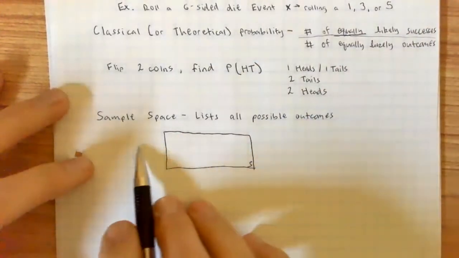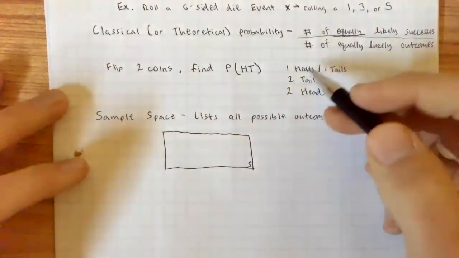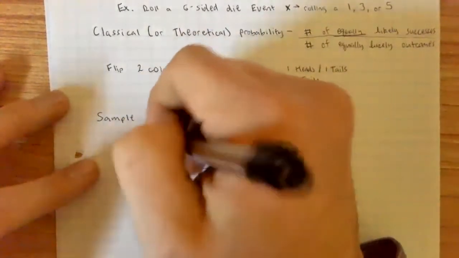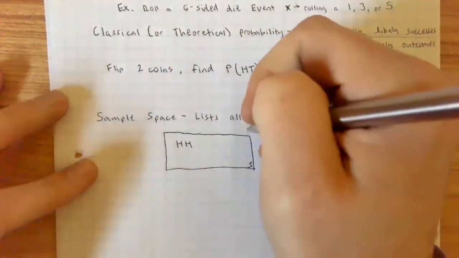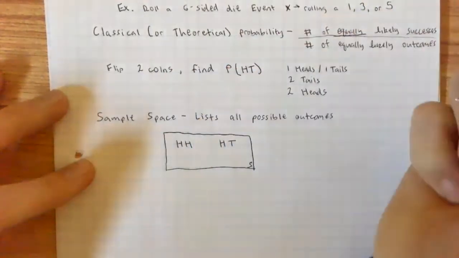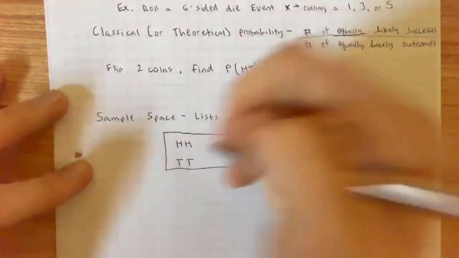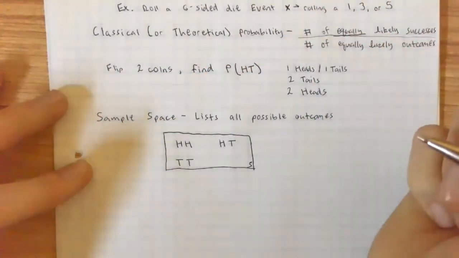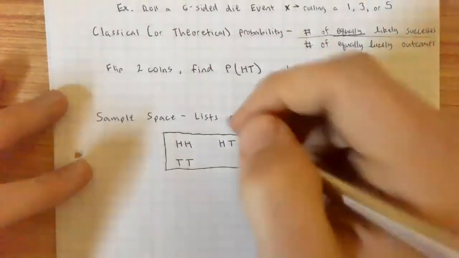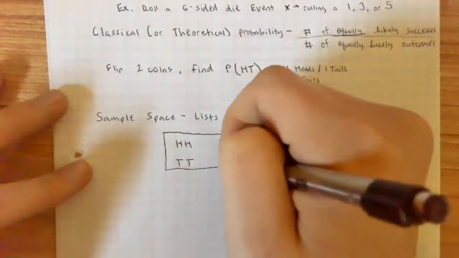The possible outcomes: certainly I can get heads, heads. Or I could get the first coin to land heads, the second coin to land tails. I could get tails, tails. Or I could also get tails, heads: the first coin lands tails, the second coin lands heads.